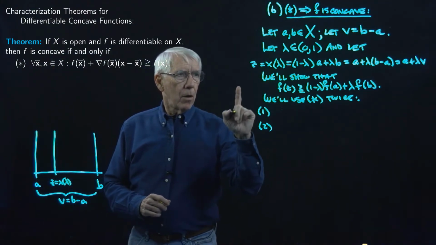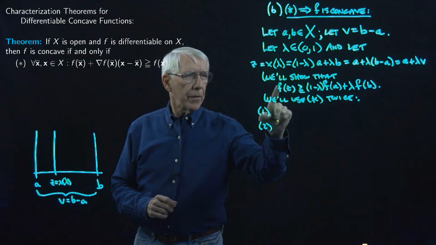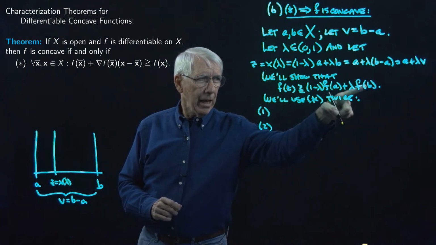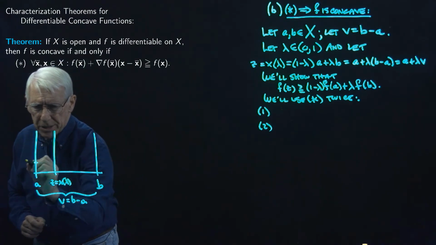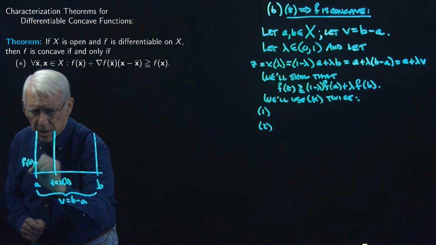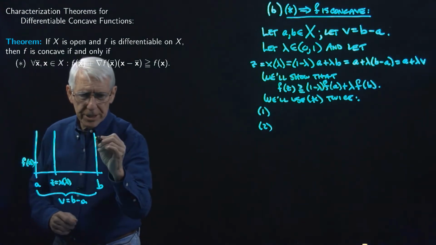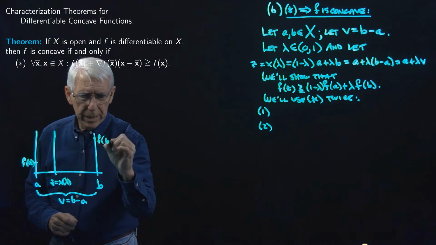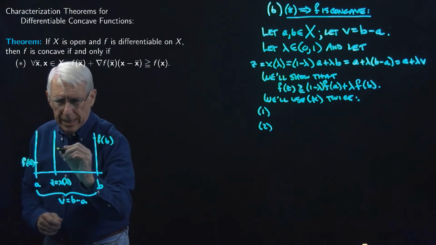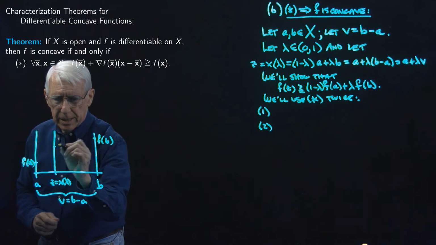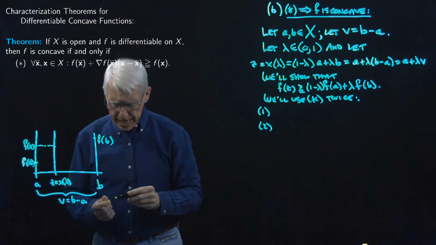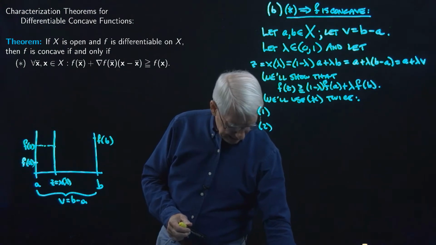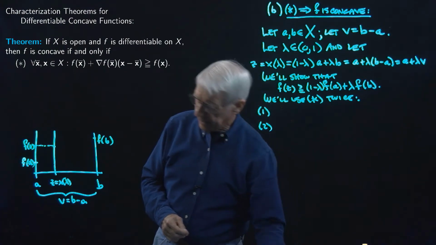So we need to work with f of Z, f of A, and f of B. So let's say this is f of a here. Let's say this is f of b, and let's say this is f of z.